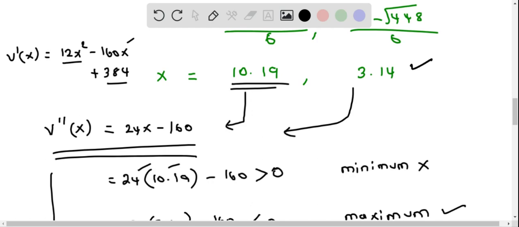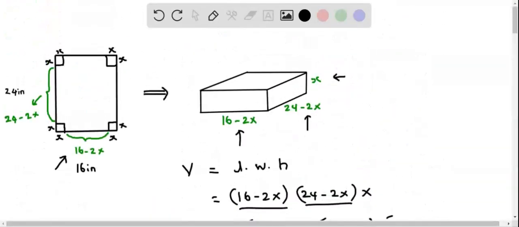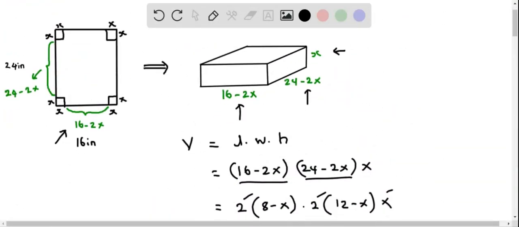Otherwise, if we consider x as 10.19 inches, this is not in the domain of the volume function, because we won't be able to cut 16 minus 2 times 10.19, because this will become negative. 16 minus 2 times 10 is negative 4. So we won't be able to cut when x equals 10.19.